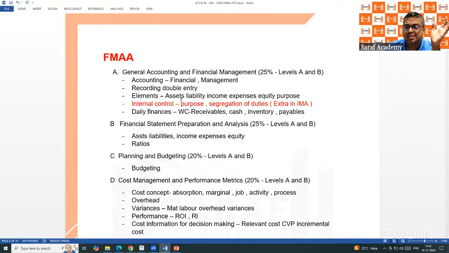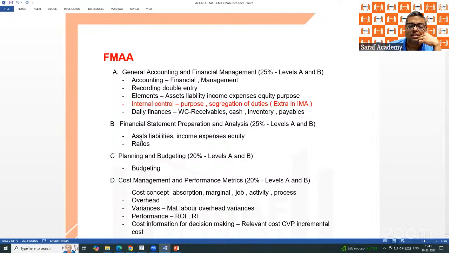This is not there in the CIMA and ACCA course at knowledge level. This is there in CIMA and ACCA later, but a small part is different for FMAA students. Then working capital, receivables, payables, inventory, cash accounting.